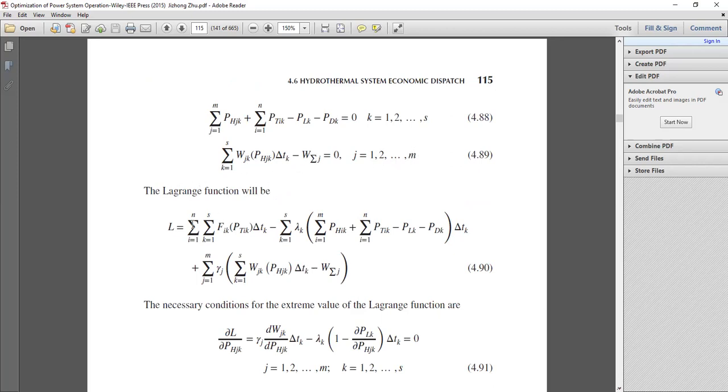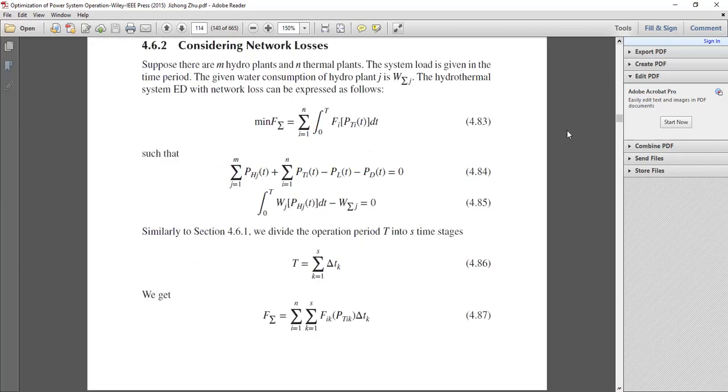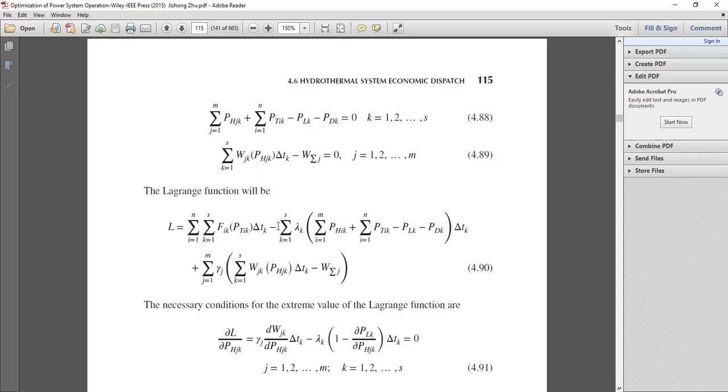The Lagrange function, you can formulate it. You have the fitness function 4.87, that is the objective function, minus lambda k into this whole thing into del Tk, then plus, now remember, you have more than one hydro unit, so the conversion from del W to del f might be different or could be different from one hydro unit to another hydro unit.